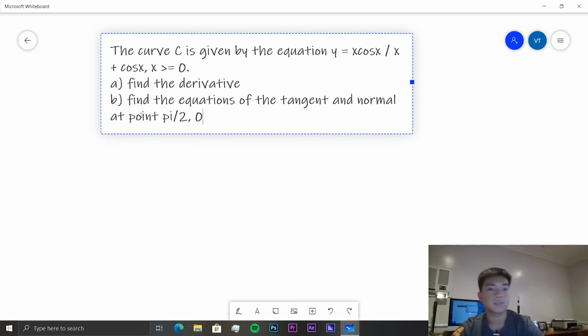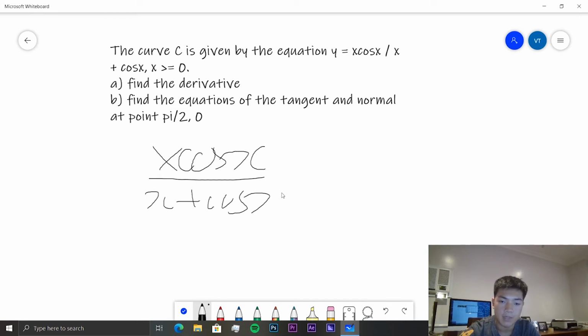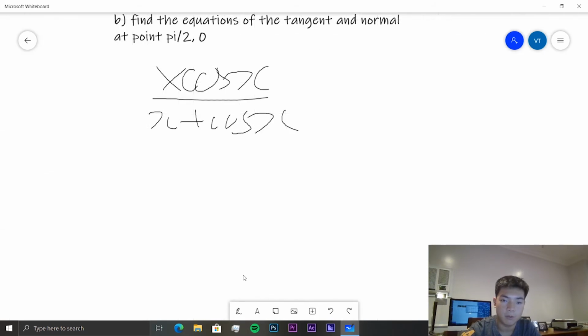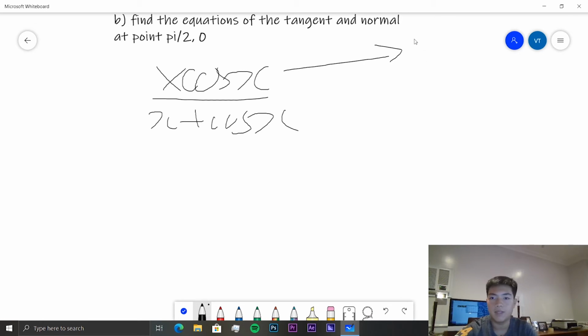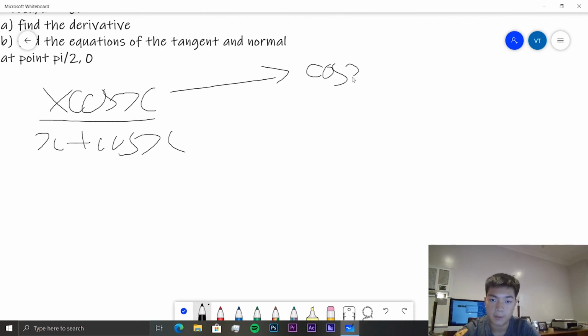Okay, so let's first get the derivative. We have x cosine x over x plus cosine x. This is pretty simple. We use the quotient rule over here. So we have v times the derivative of u. The derivative of the top part will be cosine x minus x sine x. The derivative of the bottom part will be 1 minus sine x.